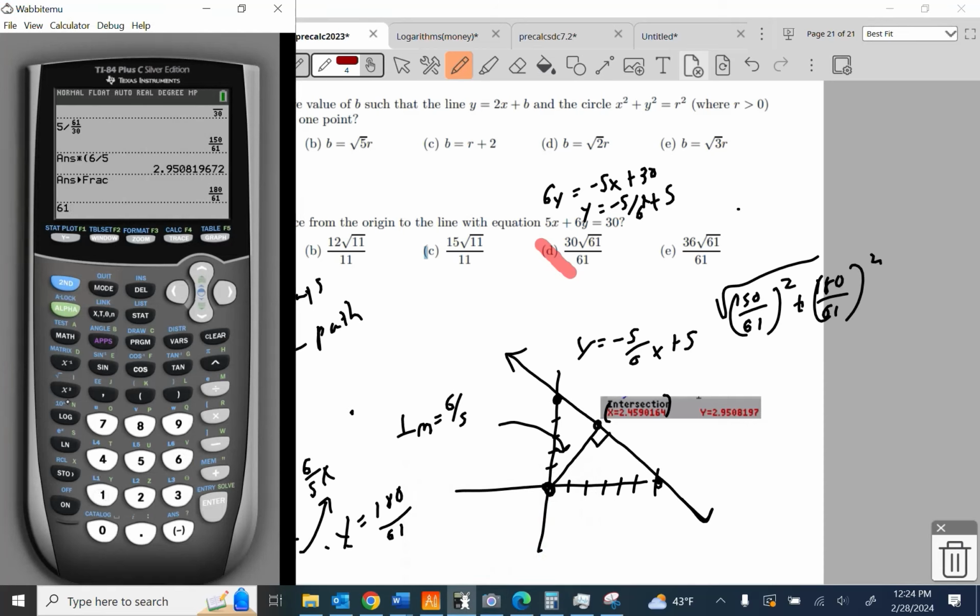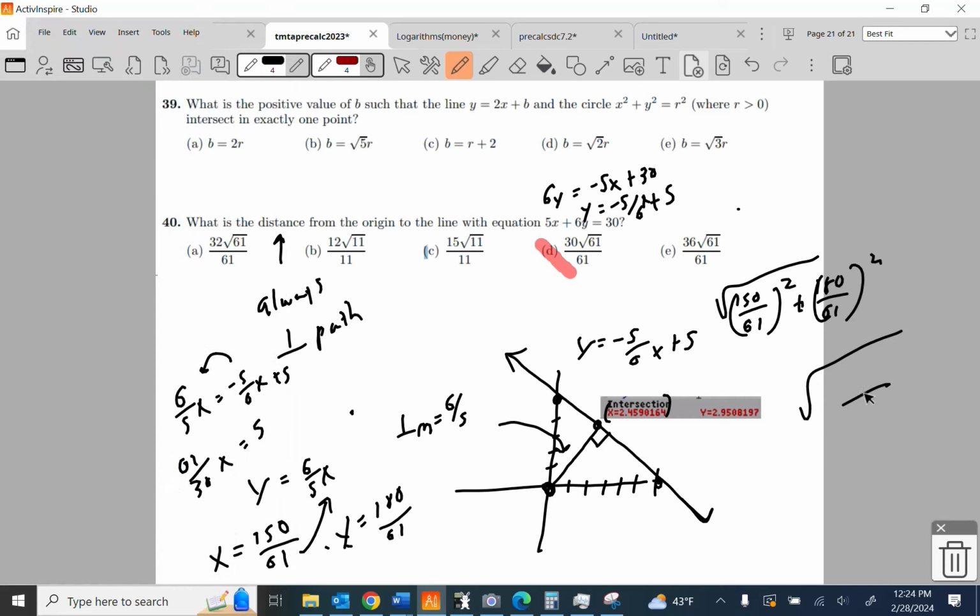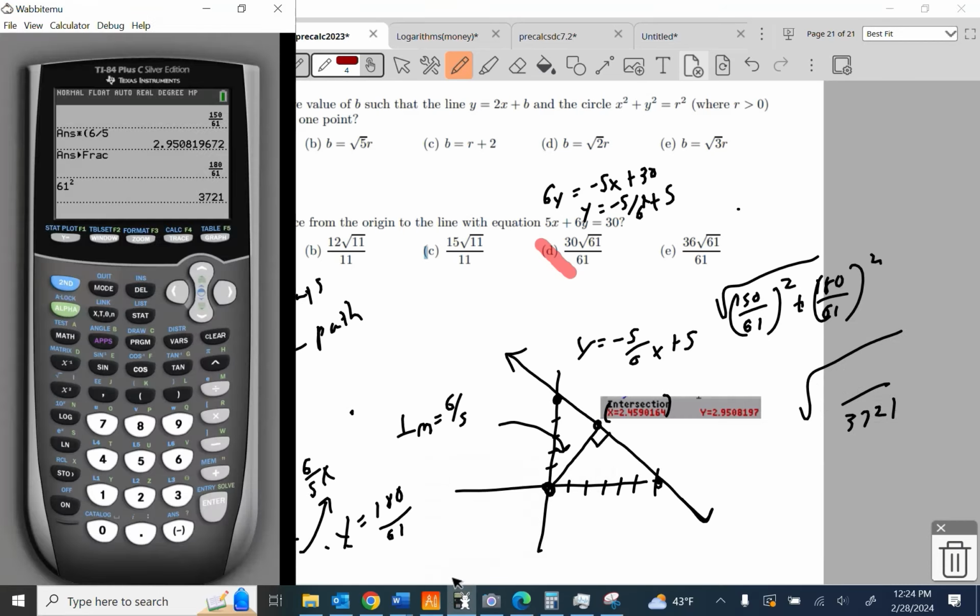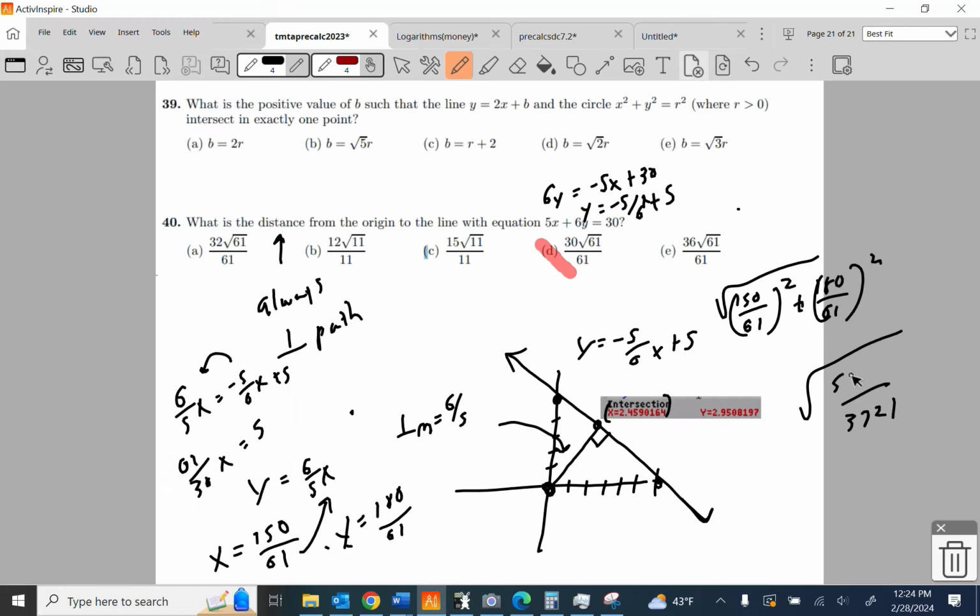Well, let's see, you square 61. You'd have to do that twice because it's 61 squared. No, you wouldn't. They're both over 3721. And you got what, 150 squared plus 180 squared, 54,900.